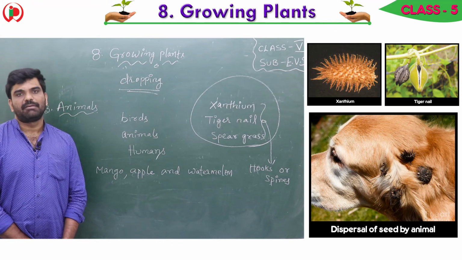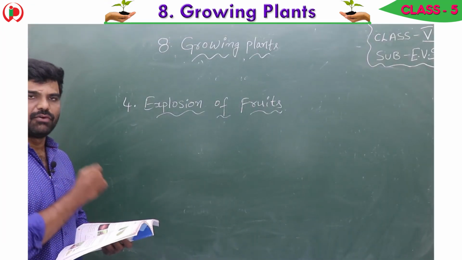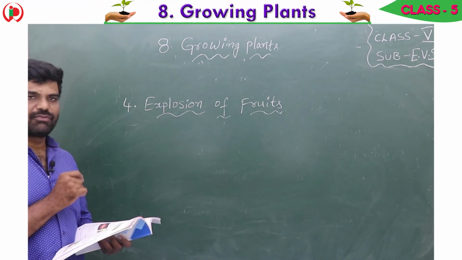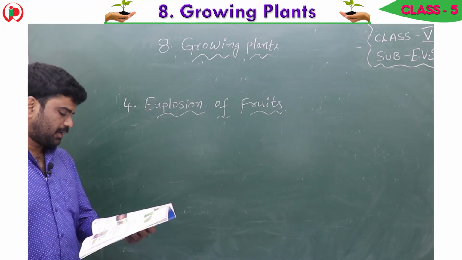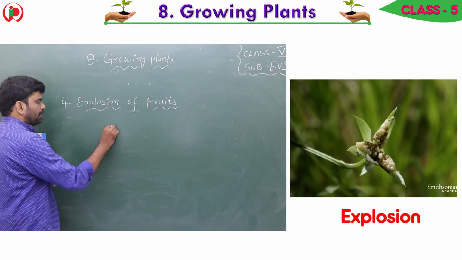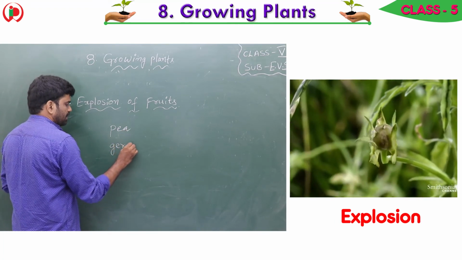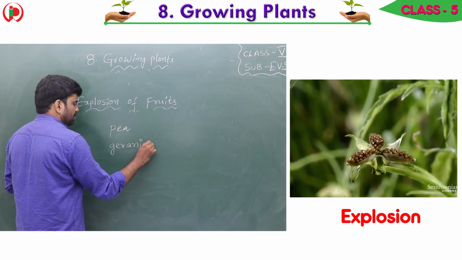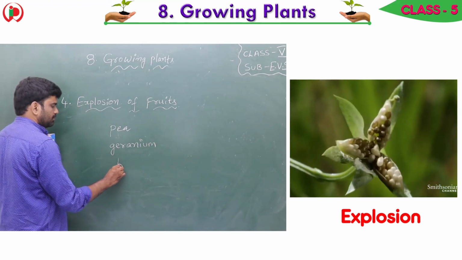Okay, children, now it is the fourth one, explosion of fruits. That means the fruit bursts. See, the dispersal of pea. Children, do you know peas? Geranium, peas, and balsam.